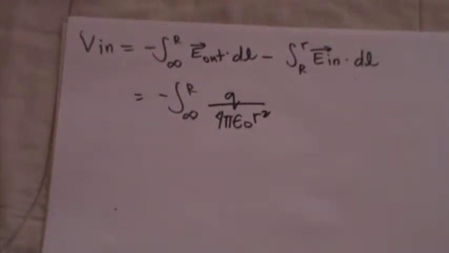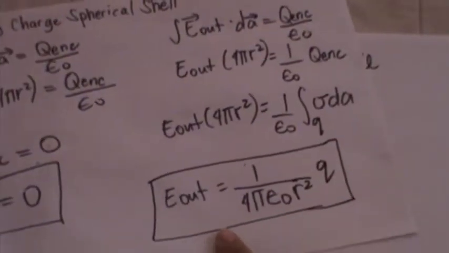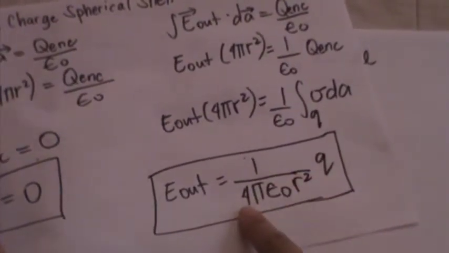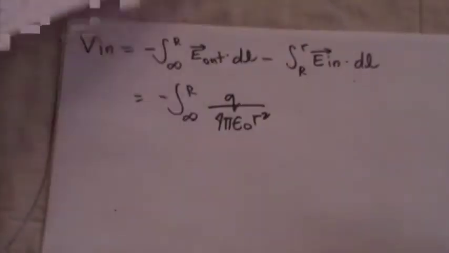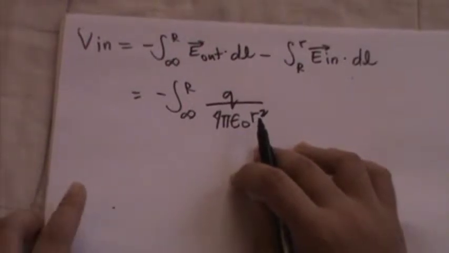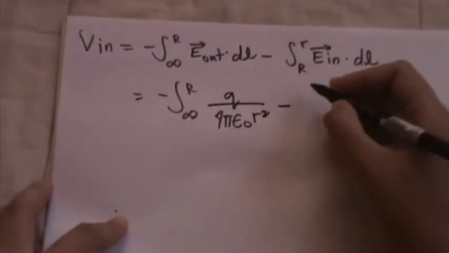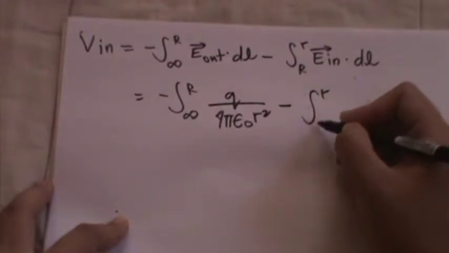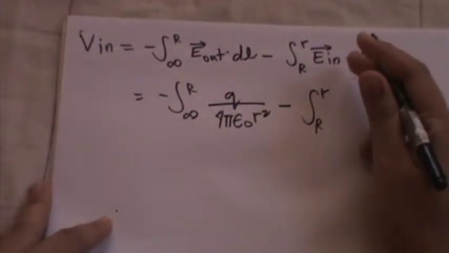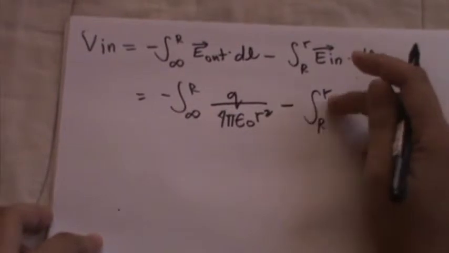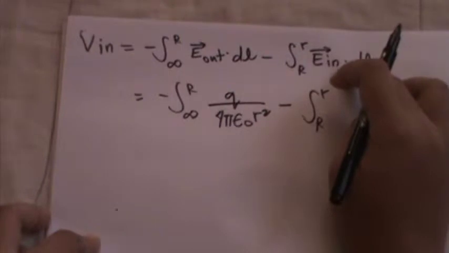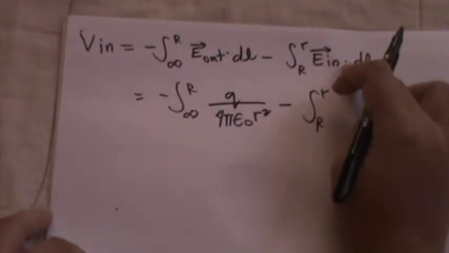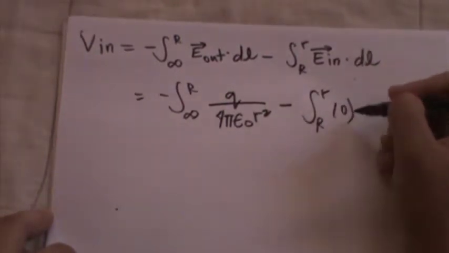You get it from the first solving. You have E out, which is 1 over 4 pi epsilon naught R squared Q, or you can multiply Q by 1 so that you have a numerator of Q, minus the integral from capital R to smaller r, and the value for the electric field inside, from the first calculations, is 0.